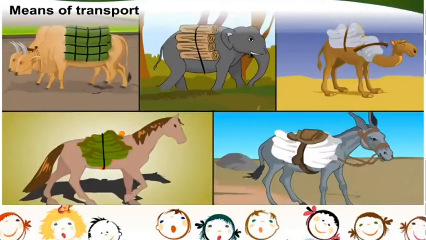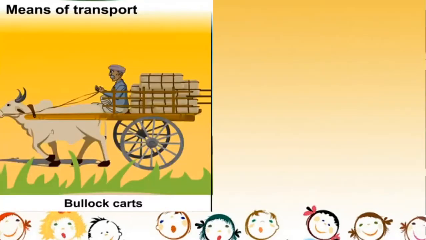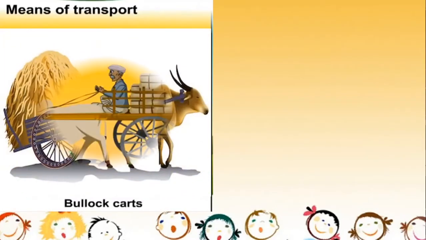The means of transport are very simple and they don't use too many machines. Here you see a bullock cart, an elephant, a camel, a horse, a donkey.